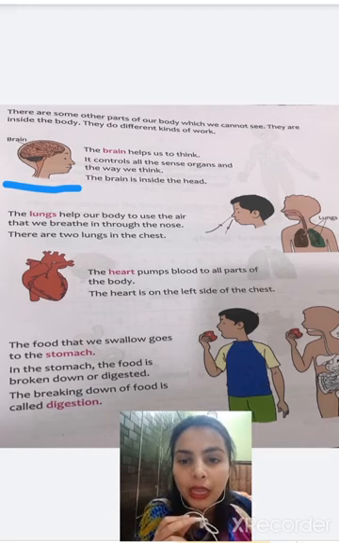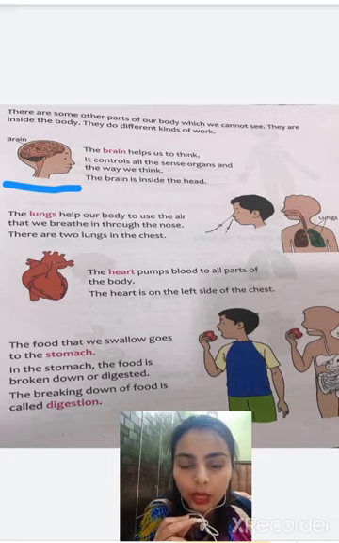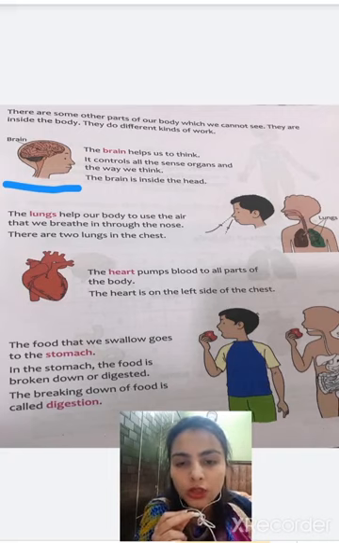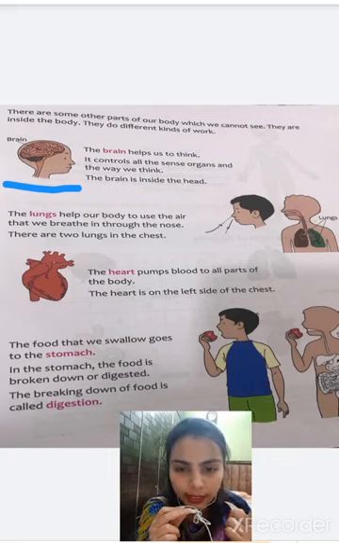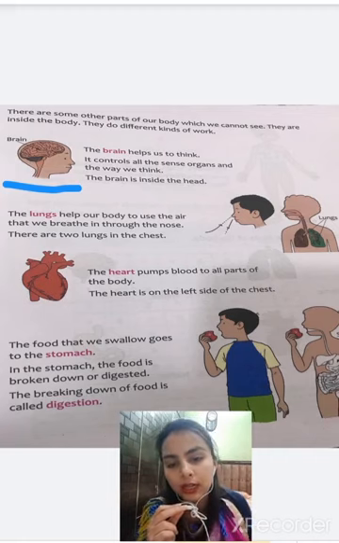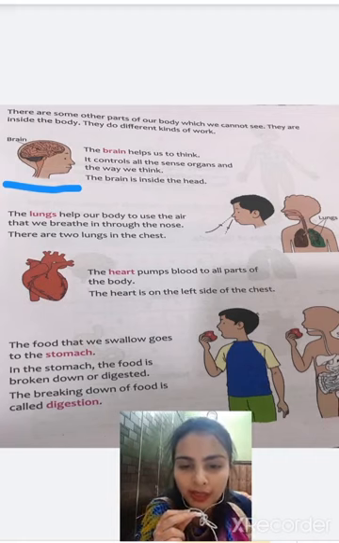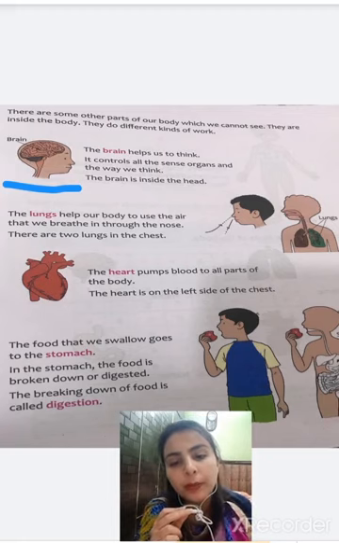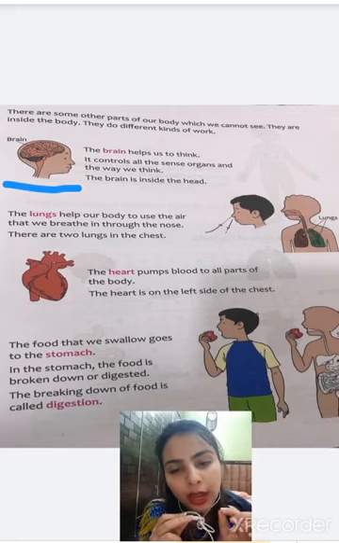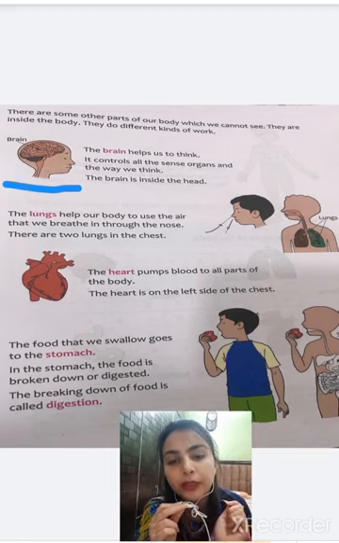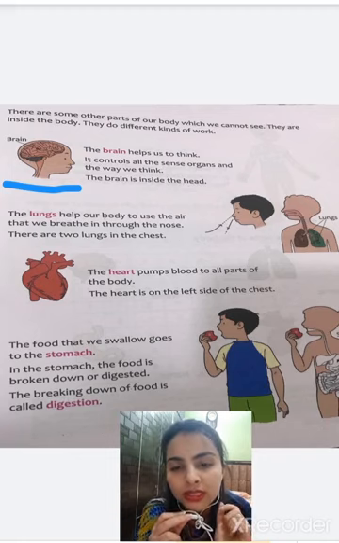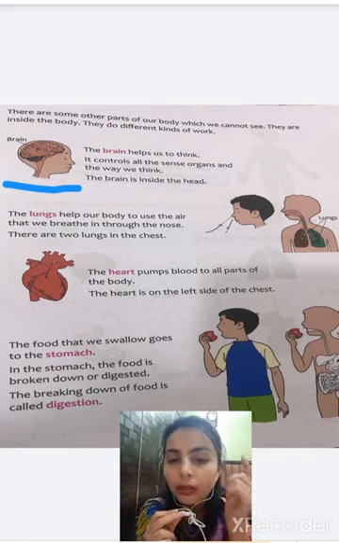Yes, it controls all the sense organs and the way we think. If we can see, our brain gives us the signal that we can see. If something very hot touches your hand and your hand burns, who will give you the sense that it is burning?